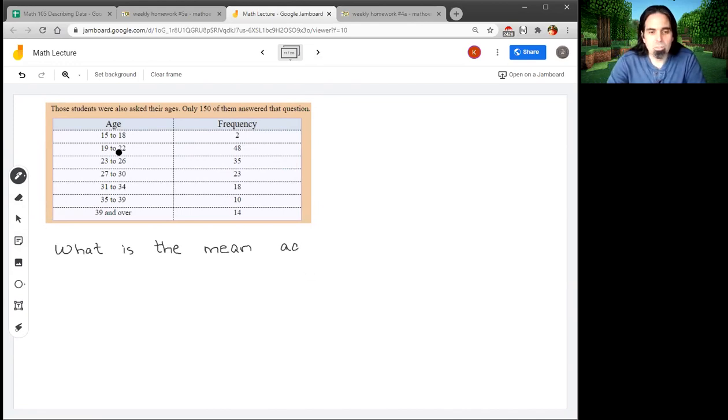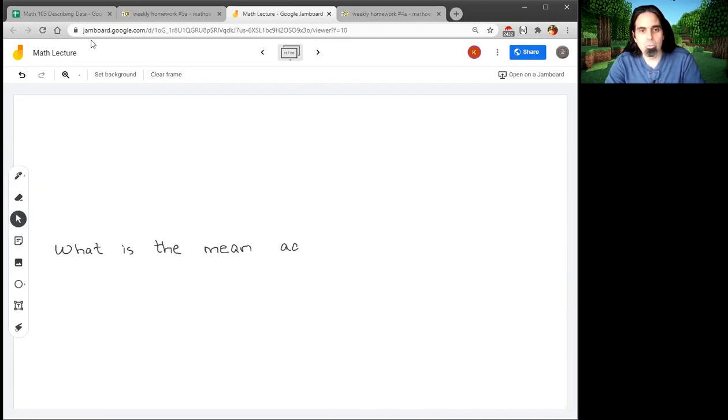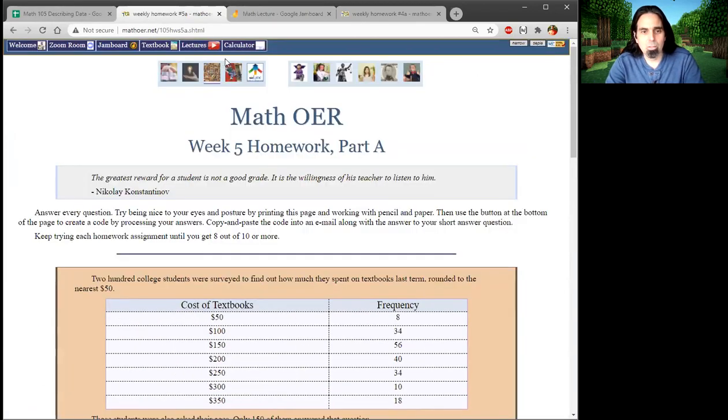That's a terrible example because these are categories, they're not specific ages. Let me grab something from the textbook so we have a better example.